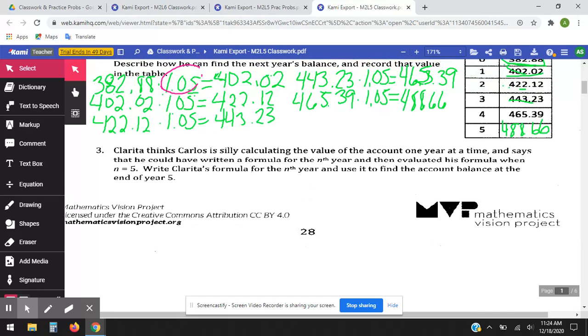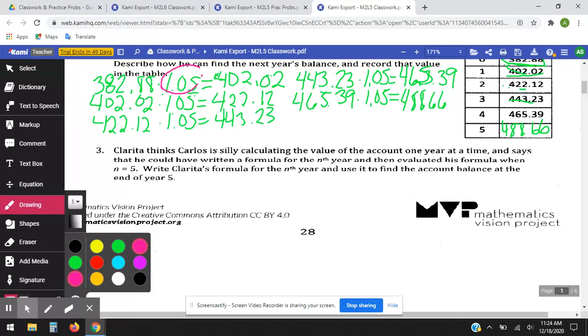So notice when we're doing our explicit formulas, what's repeating in these? Well, we have the 1.05, 1.05, 1.05. So our explicit formula is always our first term: f of n equals our first term, 382.88, times what are we repeating?